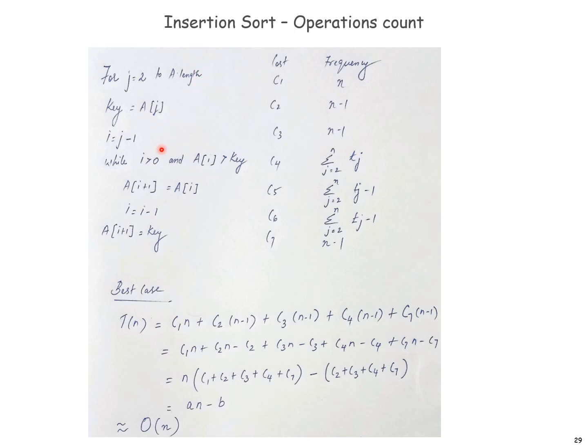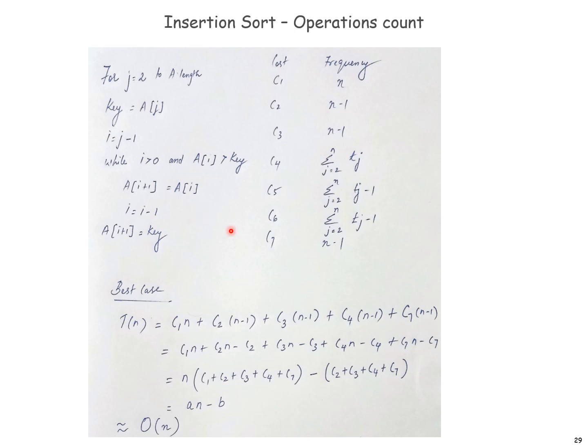All these statements are executing. This condition checking also happens: i is greater than 0 and A of i is greater than key. So this condition is checked every time. But the looping, which we use for swapping or shifting the data when the key is lesser than the previous item, happens only when the key is lesser. So we have to ignore these two statements for the best case.